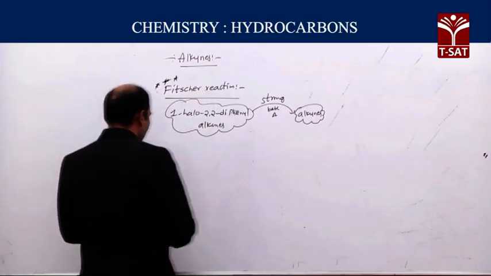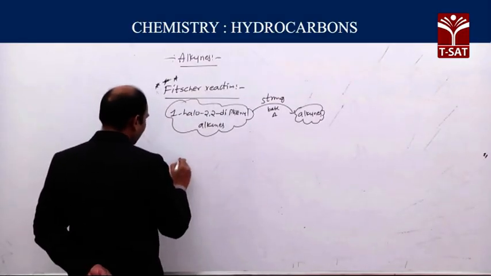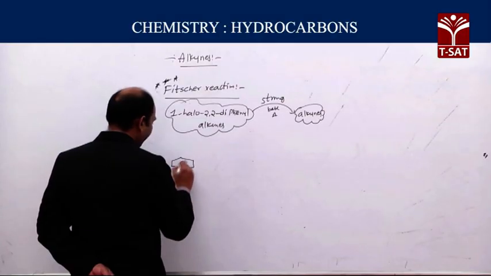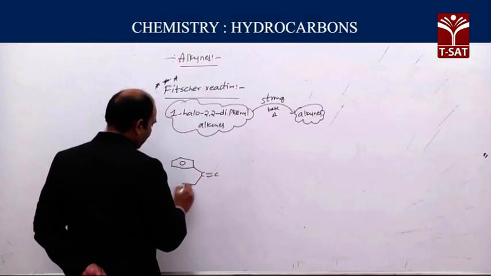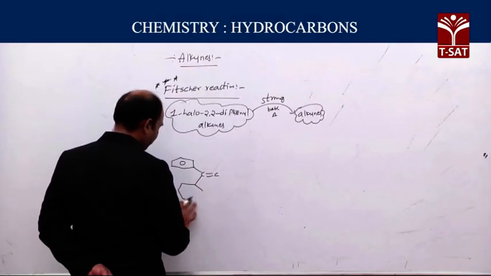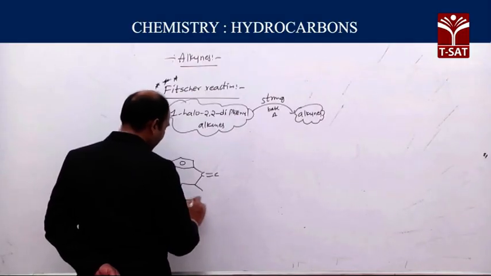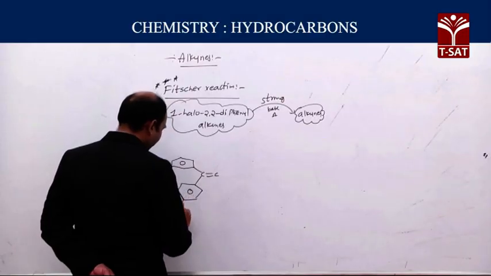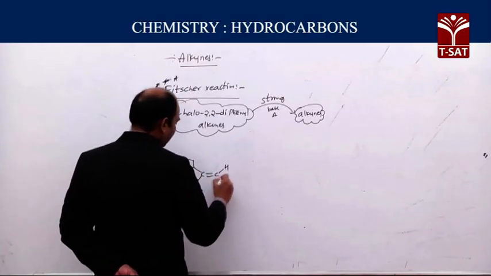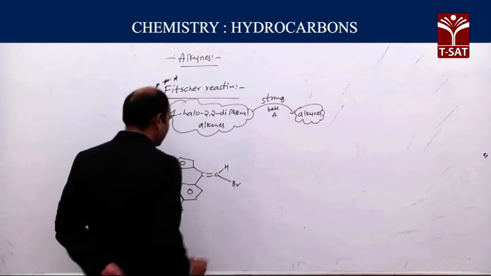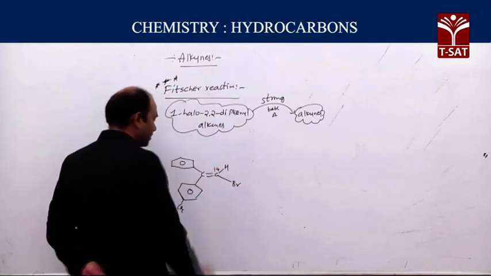So in this one, let us take an example. This is benzene, and this is C double bond C, and this is also benzene. Here we are taking a para-toluene group, and here this is hydrogen, and this we have Br. Now we are labeling this carbon C14.